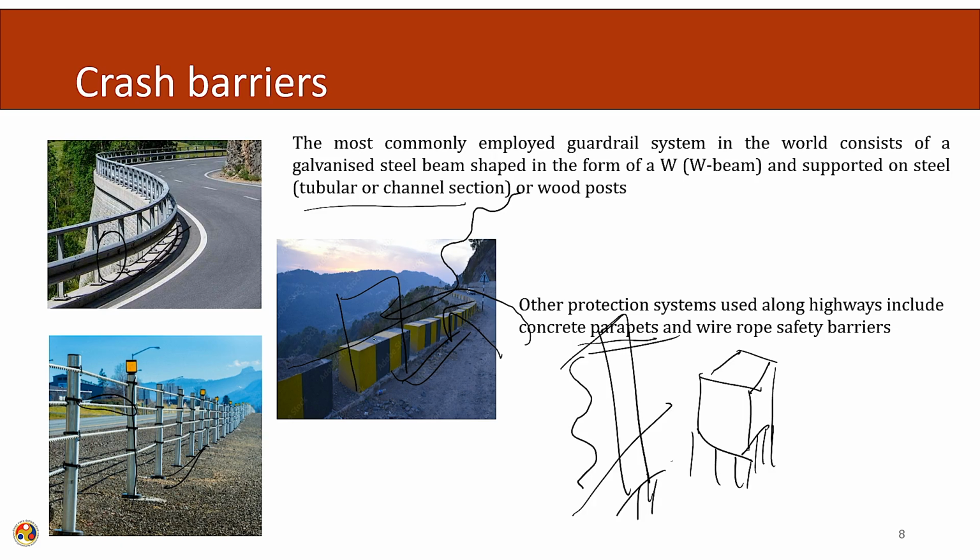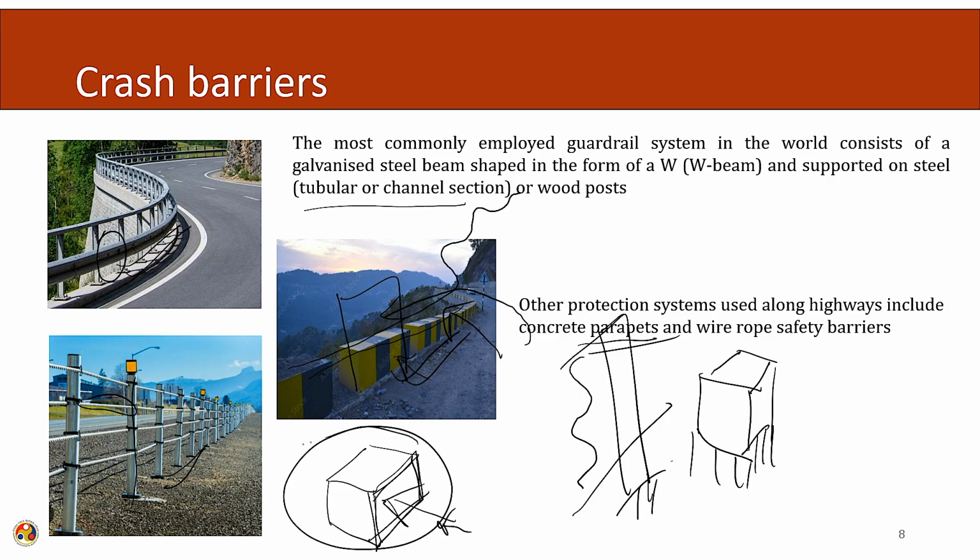There a parapet is constructed so that it forms a continuous system, and this is made up of concrete. What it does is that it has a high inertia. This is very bulky material, since it is made up of concrete, and it can absorb the vehicle impact using this inertia or the sheer volume of the concrete material.